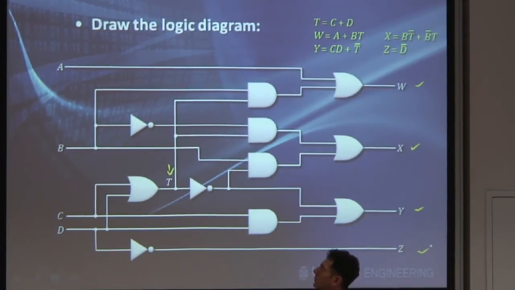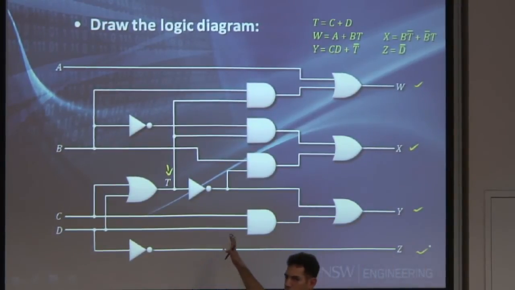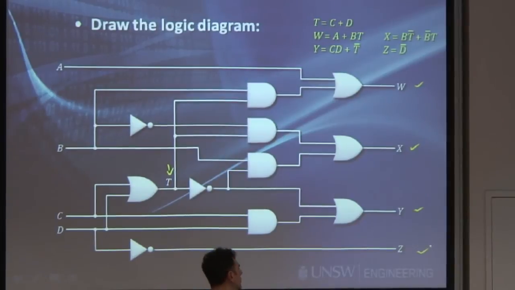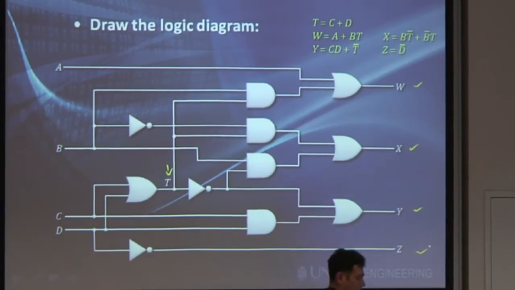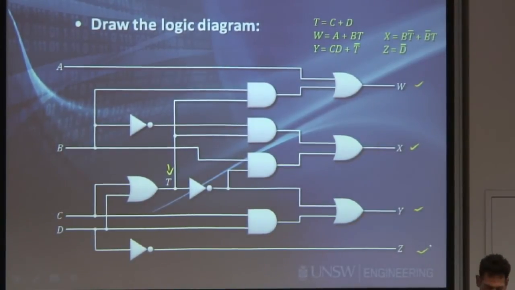Now, just looking at this circuit, taking a step away from this specific problem, I want to talk about the conventions when you draw circuits. When we have signals, for example, have a look at this node here.